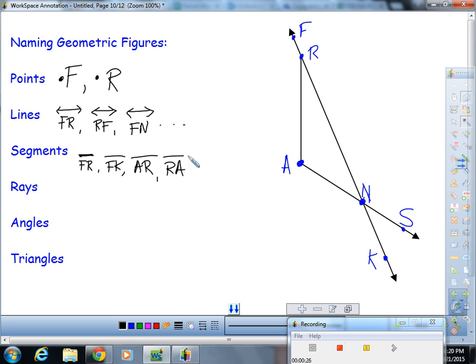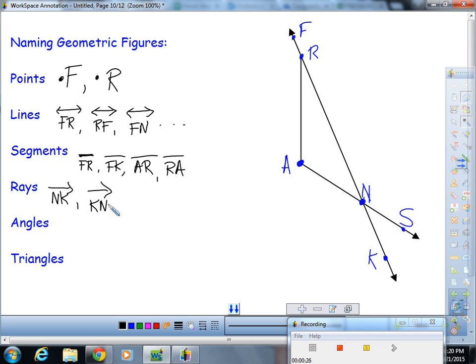A number of rays also exist here. Ray NK. Ray KN. I want you to ask yourself, is ray NK the same ray as ray KN? Hopefully you answered that with a no. It is not.